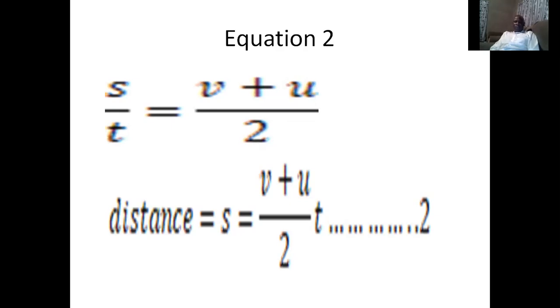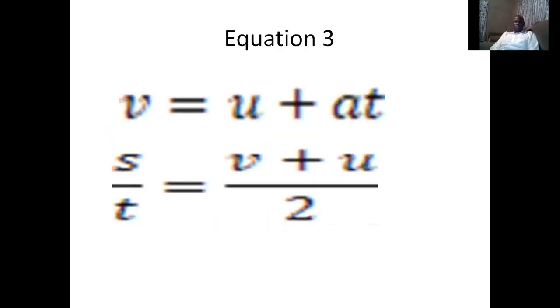And so from here, we can make S, the displacement, the subject of the formula, and it gives us final velocity plus initial velocity over 2 multiplied by the time. This is what we have called equation number 2. When we are asked to find the distance, and we know the final velocity and initial velocity, as well as the time, we can calculate the displacement.